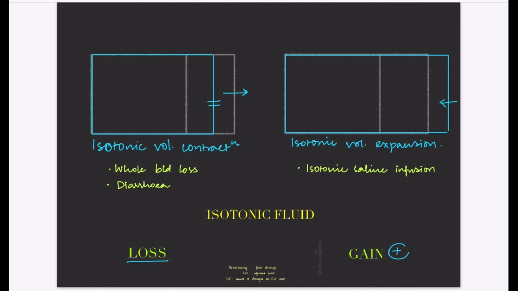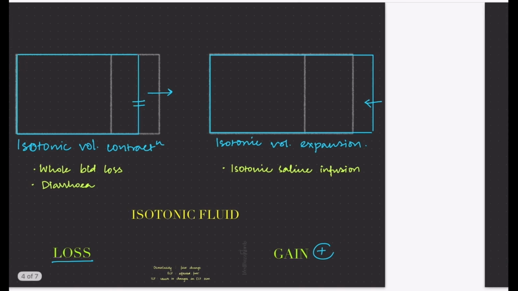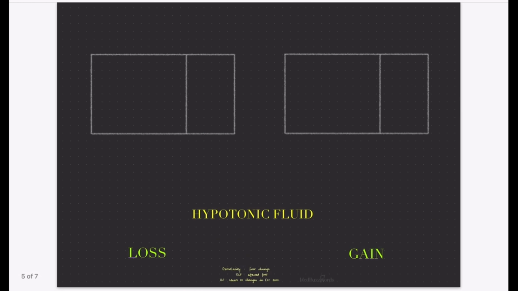Let's move on to situation 2, which is the loss or gain of hypertonic fluid. Now, hypertonic fluid can be lost in conditions where a lot of sweating is seen, where water loss is much more than the sodium loss. So that's basically sweating.